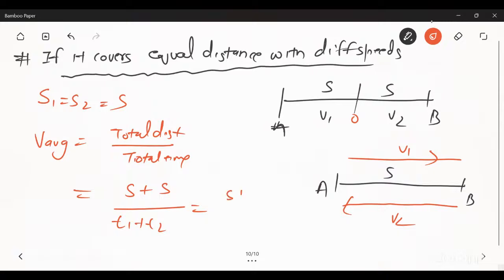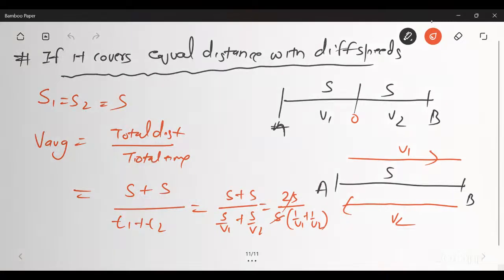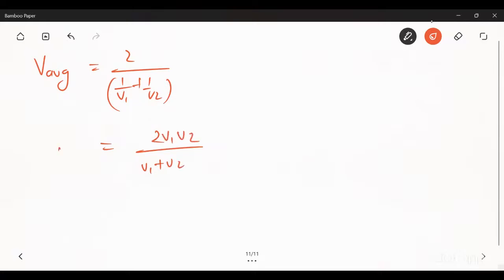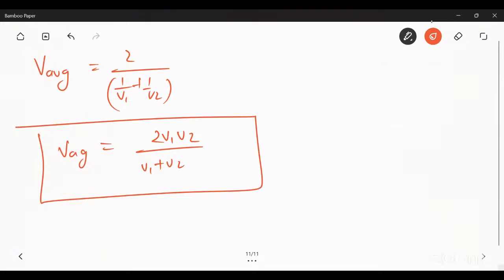So V average is (S plus S) upon (S upon V1 plus S upon V2). Now S plus S is 2S, and taking S common, we get 1 upon V1 plus 1 upon V2. S will be cancelled, so V average is 2 upon (1 upon V1 plus 1 upon V2). Adding, V average is 2 V1 V2 upon (V1 plus V2), the average speed when two equal distances are covered.